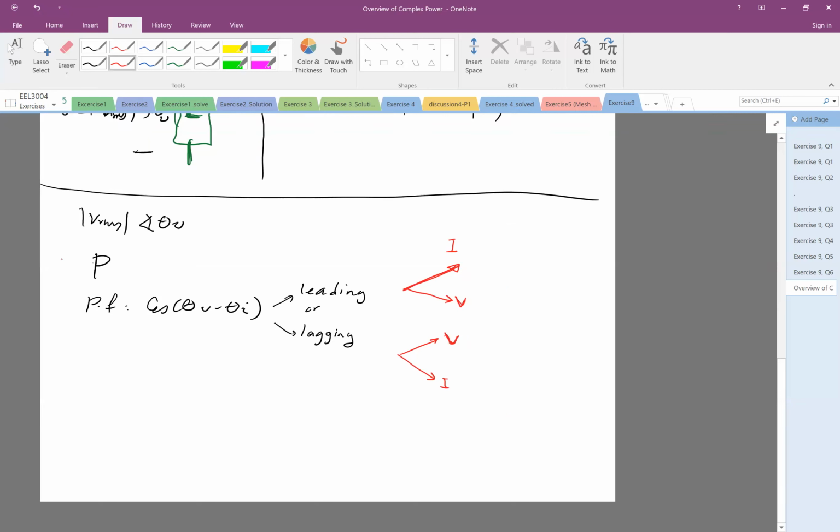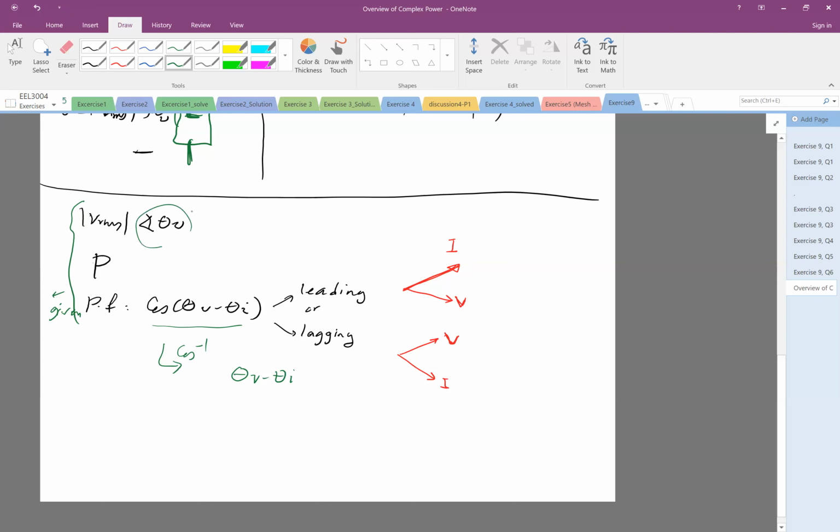So let's say this information is given, and I want to find the current. From power factor, I have the cosine. I can take the inverse cosine, and then I can find theta V minus theta I based on leading or lagging.